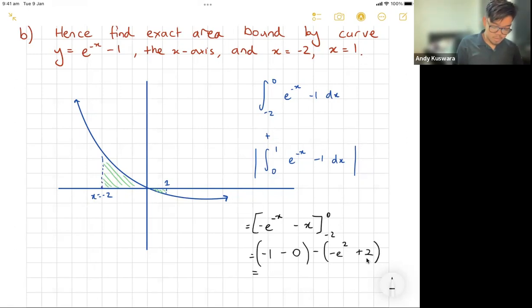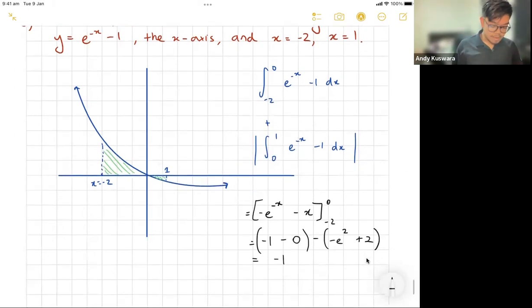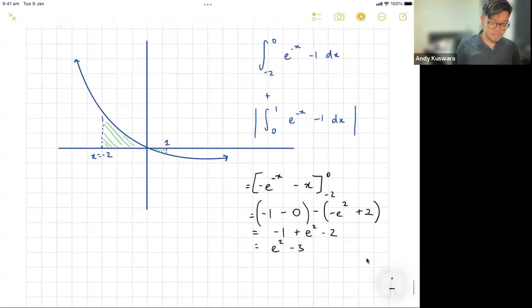And so this gives me -1 plus e squared, take away 2. So in this case, it's just going to be e squared, take away 3. That's the first one.